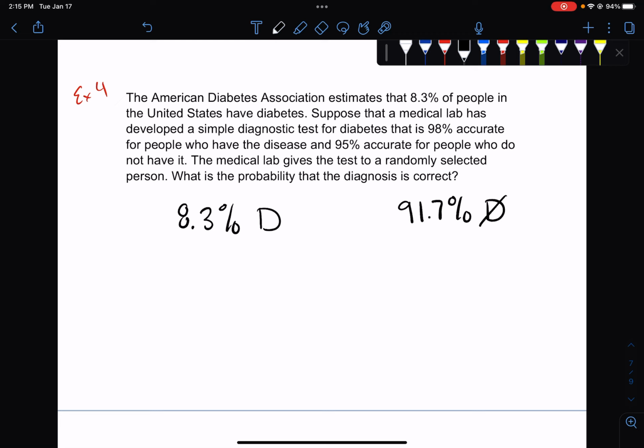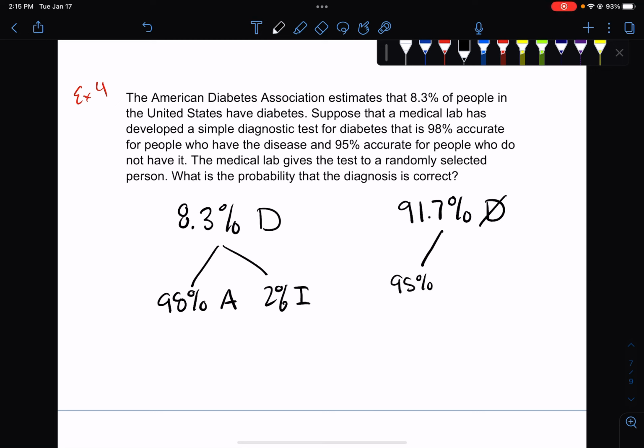So this group, it's 98% accurate, which means it's 2% inaccurate. If I go back to reading, it's 95% accurate for people who do not have diabetes. Okay, so this group, it's 95% accurate, and it's 5% inaccurate.